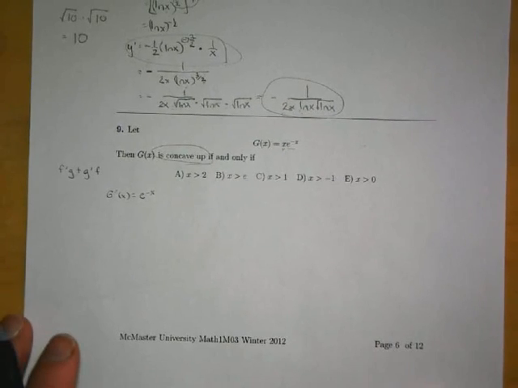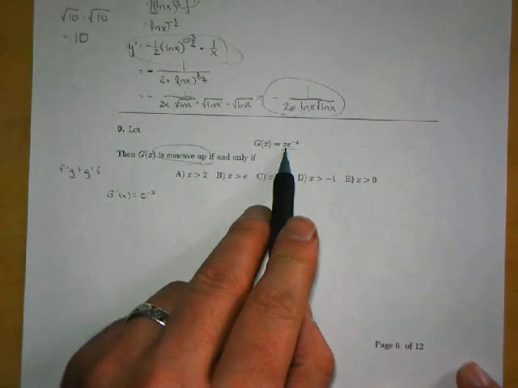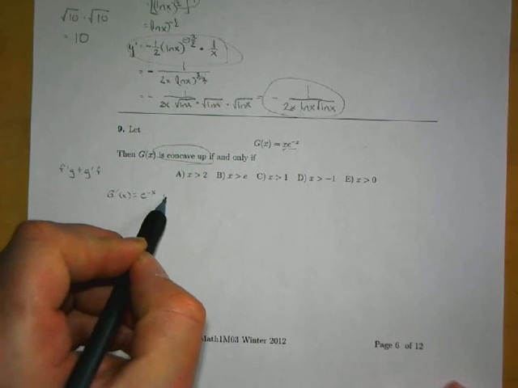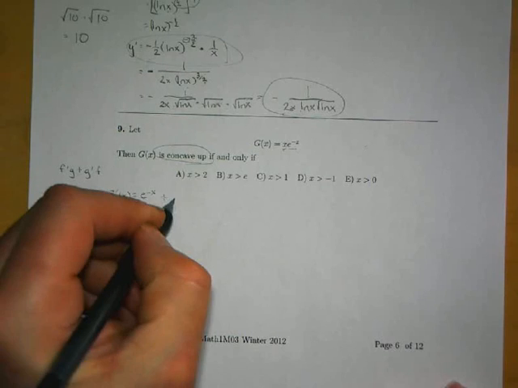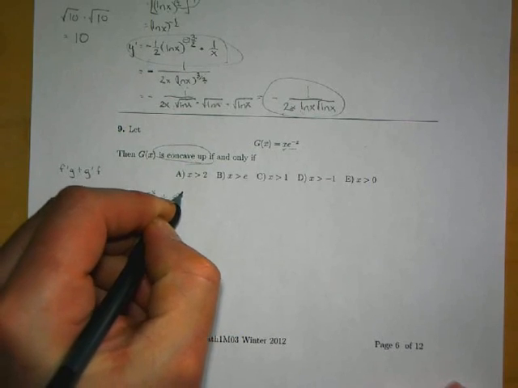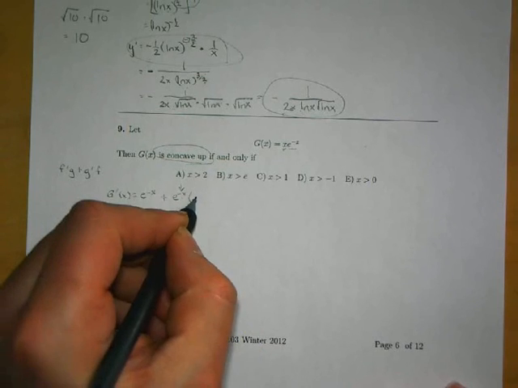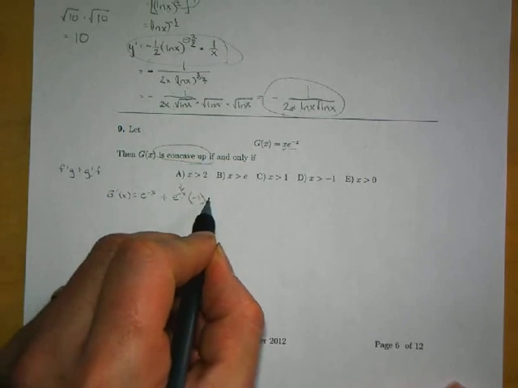Some of them use u prime v plus v prime u, but there we have it. So f prime, the derivative of x is 1 g e to the negative x, plus g prime, well, that means the derivative of e to the negative x, which is e to negative x. Don't forget to take the derivative of the exponent, which in this case is negative 1. So there's my g prime times f, which is x.